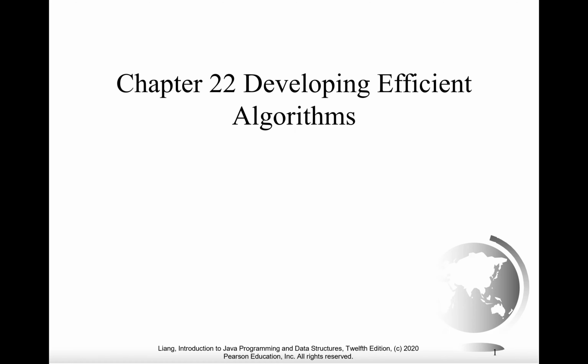This chapter will use a variety of examples to introduce common algorithmic techniques, dynamic programming, divide and conquer, and backtracking, for developing efficient algorithms.